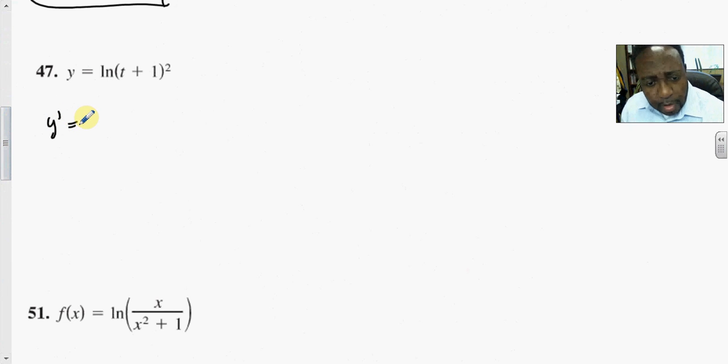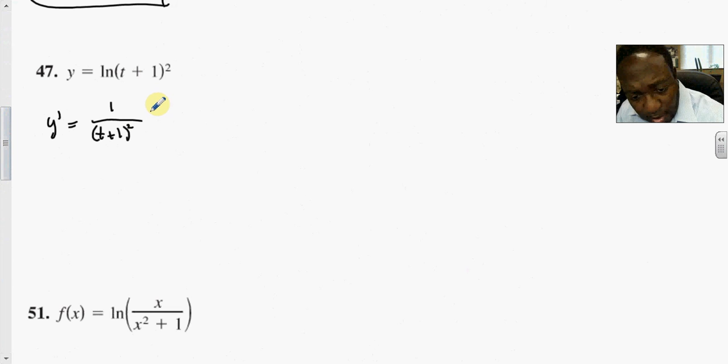Now this is not the whole term squared, it's just the natural log of something to be squared. So this becomes 1 over that something, t plus 1 squared, times the derivative of t plus 1 squared.